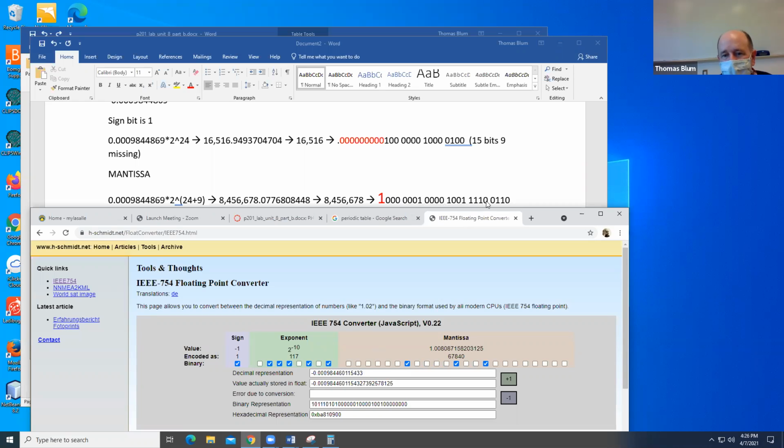And then 1, 1, 1, 0, and then 0, 1, 1, 0. And there's the number, minus 0.000984. All right. And so we're pretty close to that number.